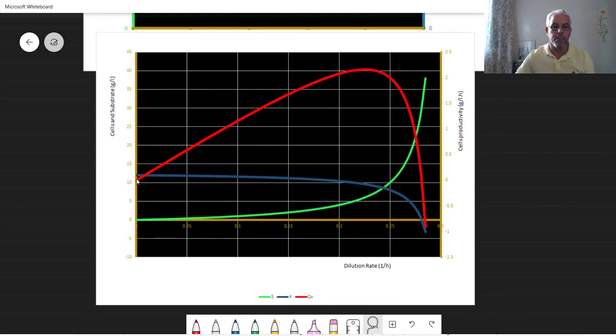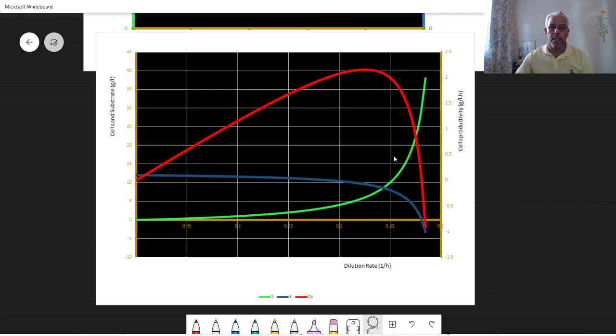This is the productivity, which is basically the concentration of X times D. If you remember, we developed a second order equation for D, and we solved to find the optimum, the D optimum, and we found that D optimum is very close to mu max, but it's lower than mu max.